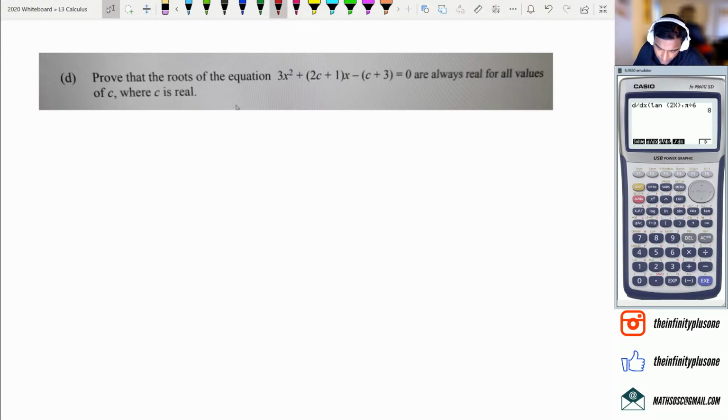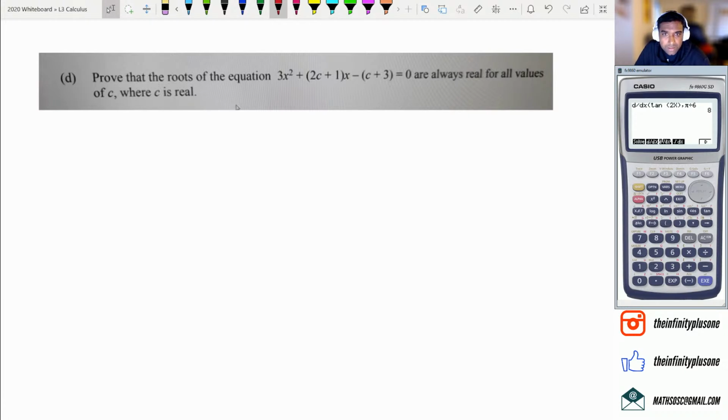So this question says prove that the roots of this equation are always real. So all you really have to do is put down b squared minus 4ac, find out what b squared minus 4ac is, and then try and prove that the equation you get is always going to be above 0.